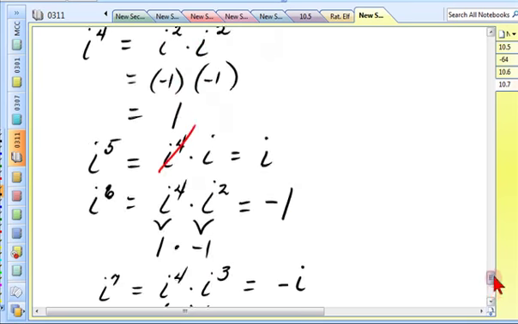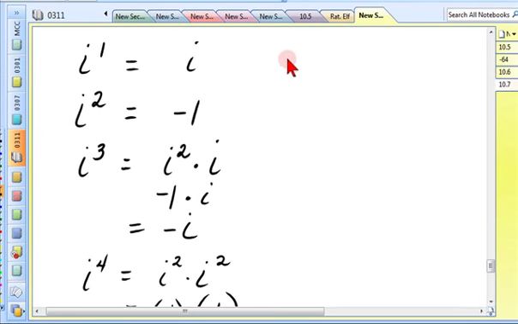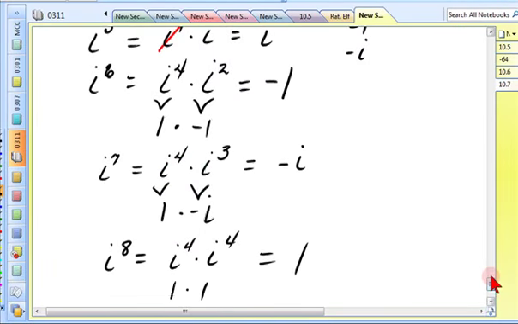Now look and see what's happened. It went I, -1, -I, 1, and then it went I, -1, -I, 1.